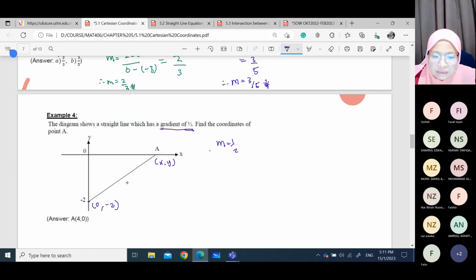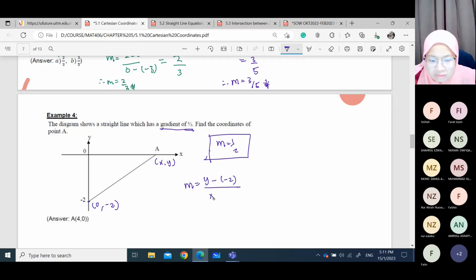Okay, as usual, m, the slope for this line, m is equal to y minus -2 over x minus 0, which is equivalent to 1 over 2. Okay, so solve it. Here we have y plus 2 over x equal to 1 over 2.